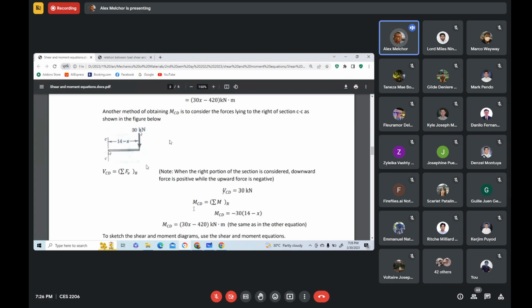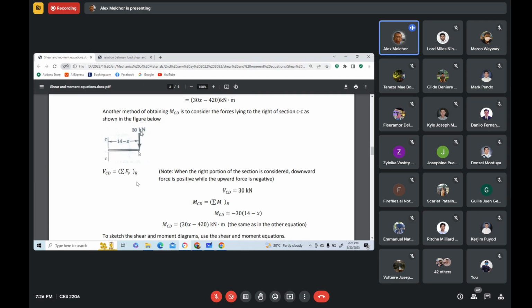An upward force will cause the beam to concave upward, so that is the sign convention for positive bending moment. A downward force will cause the beam to concave downward, that is the sign convention for negative bending moment. So we have here downward force. That's why this is negative.